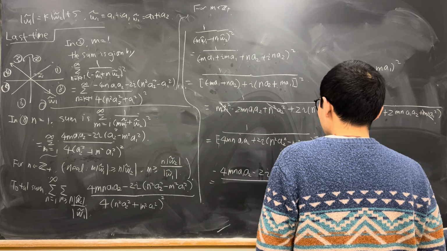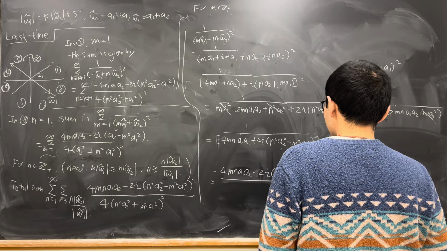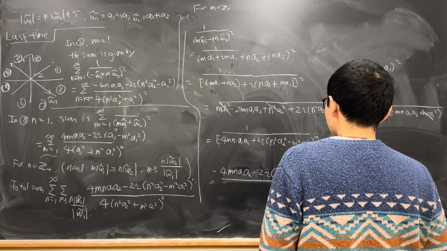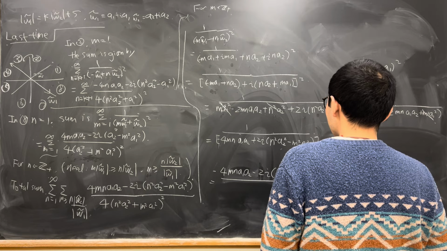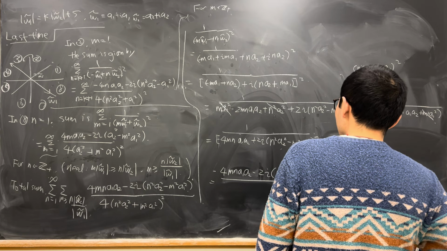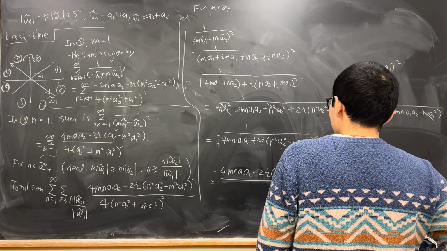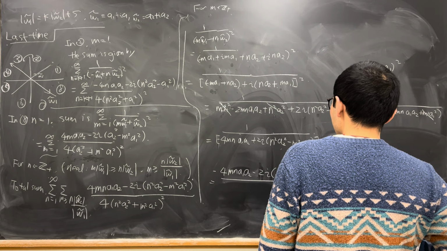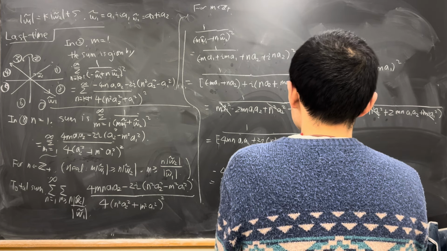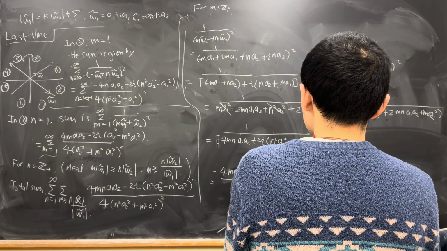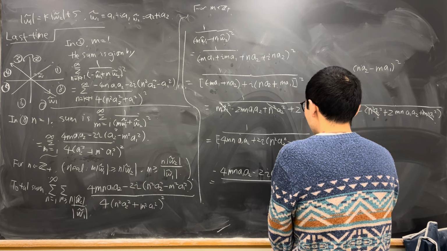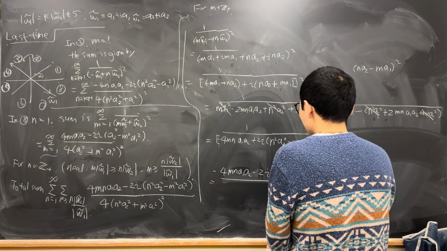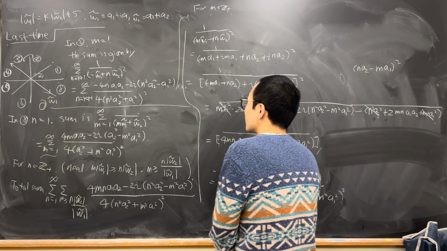And then what about the bottom? So when you multiply by the conjugates, it will be 16, right?